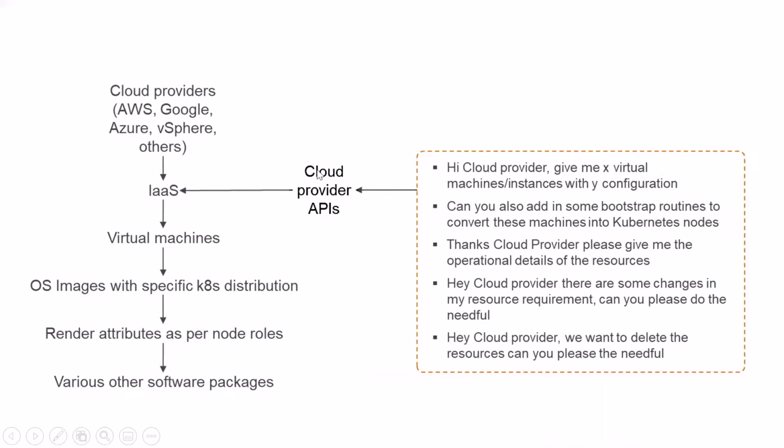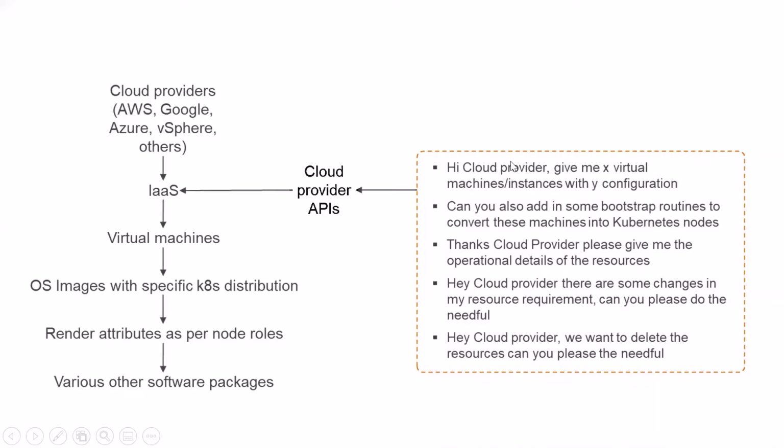So if you have to think of a method that I can uniformly talk to these cloud providers via their APIs and ask them: Hey, cloud provider, give me a set of virtual machines with a specific set of configurations in terms of the operating system, the size and the resources of those particular virtual machines, right?